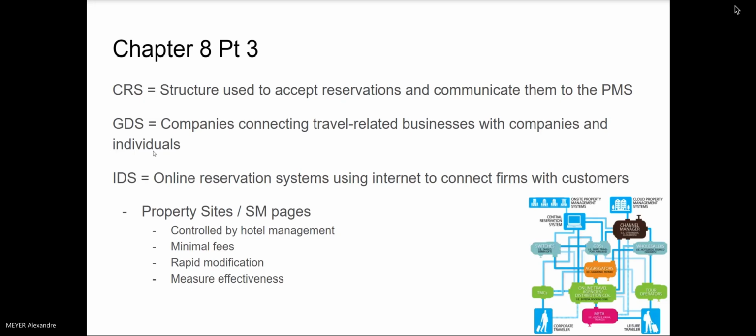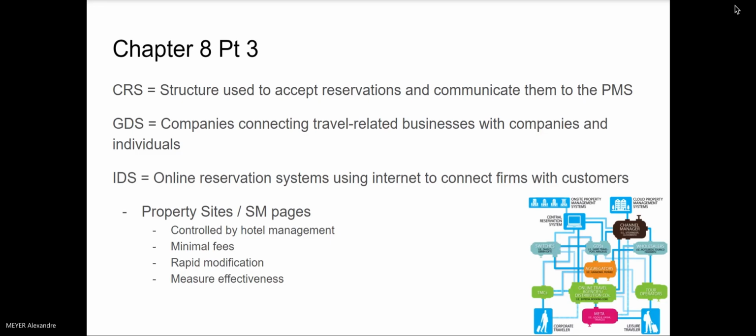And so IDS is very similar, except you're using the internet, not a company. An example of a GDS would be Sabre, Amadeus, or Travelport. Those are companies that connect the information. IDS is all done on the internet. So things like Google, where everything is dynamic and the rate and availabilities are changed and updated regularly.